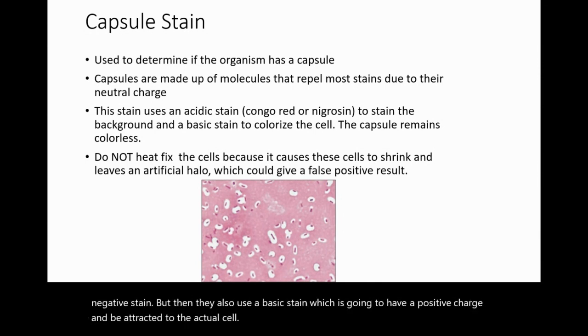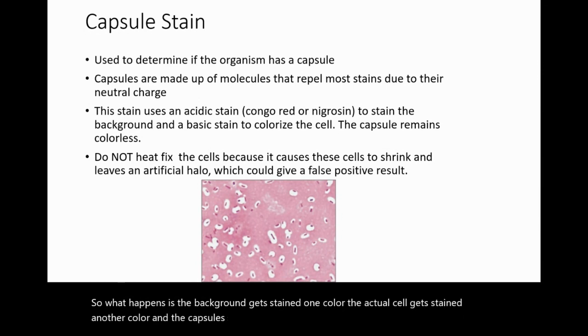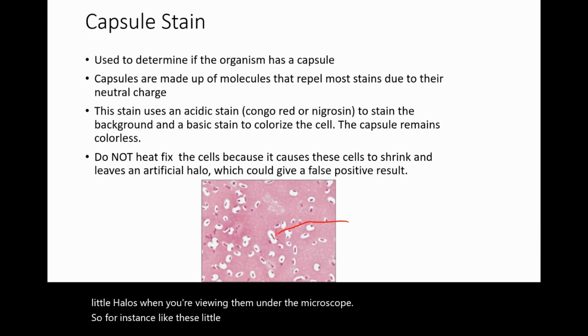So the background gets stained one color, the actual cell gets stained another color, and the capsules remain unstained. So they appear colorless and they look like little halos when you're viewing them under the microscope. For instance, these little colorless areas right here, these are the capsules. Okay, so they look like halos.